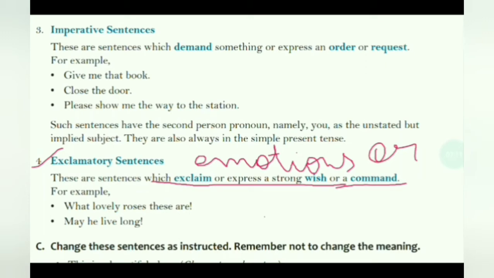Feelings of happiness, anger, surprise, joy, etc. For example, what lovely roses these are, or may he live long. So these sentences are expressing a surprise or feeling of happiness or blessings.